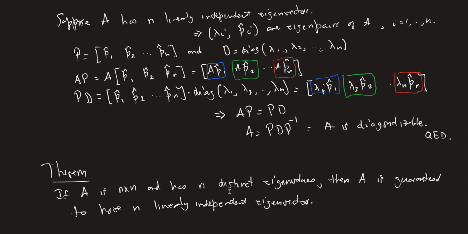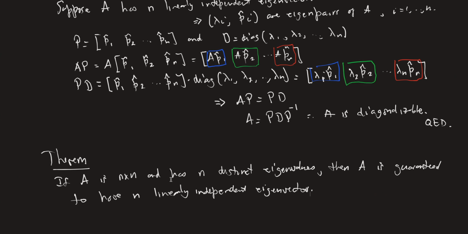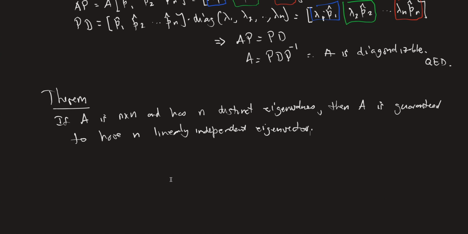So if you find the roots of the characteristic polynomial and you get n distinct roots, then the matrix can be diagonalized.